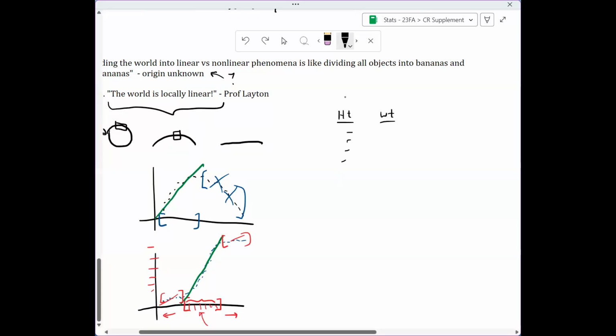Let me give some heights, in inches or something: 60, 50, 55, 58. That's actually kind of short, but oh well, heights of kids. And weight: 100 pounds, 110, 80, 90. Let's say these are kids. And maybe I graph this.